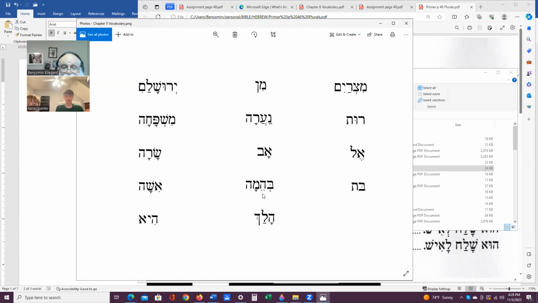Caleb. Behemah, animals or animal. Singular, right. Behemah. Cooper. Halach. What was it? To go or to walk. Walk. Right. Yerushalayim, Jerusalem.